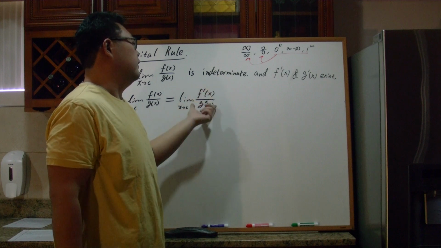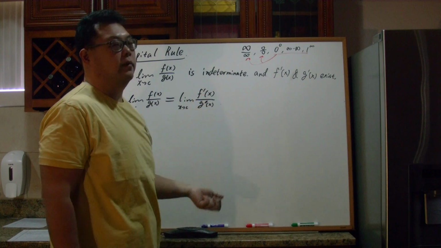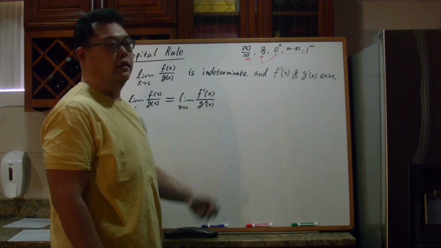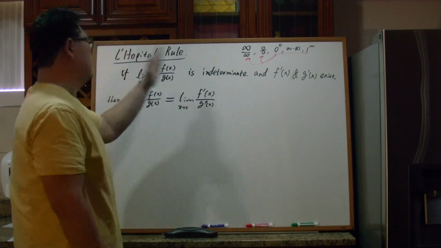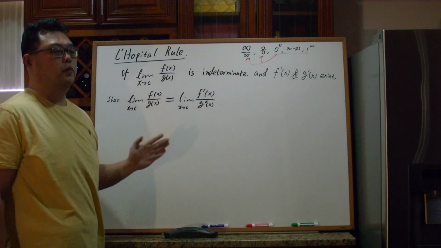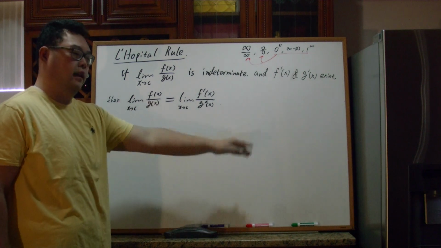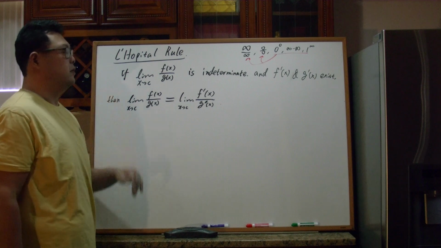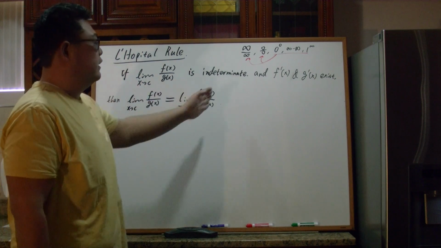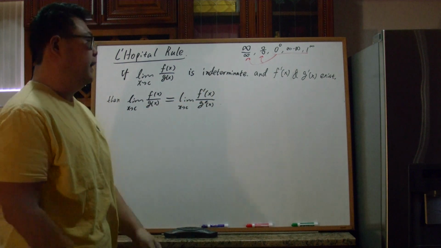The derivative of the new numerator and denominator will be the new limit, and that's equal to the original. So that's the first step, but if appropriate, we could move on to the next and next step until the L'Hopital rule does not apply, which means until the function is able to determine what the value is.